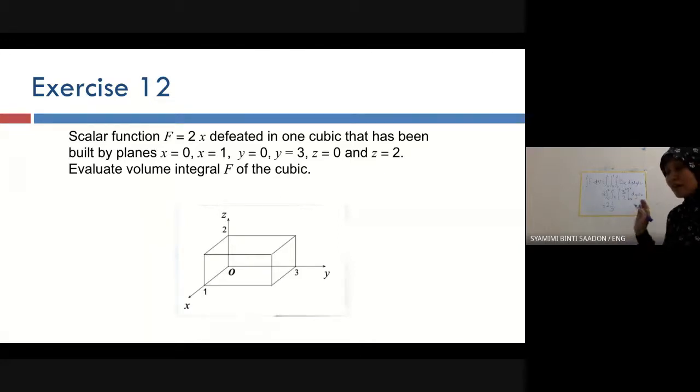Just factorize the constant. Then we have the integral of y dz, because the integration of dy is y. Imagine we have y times 1, so the integration of dy is y. So that's why we have y here. And then the same for z. From 3 to 0, so we have 3 minus 0.